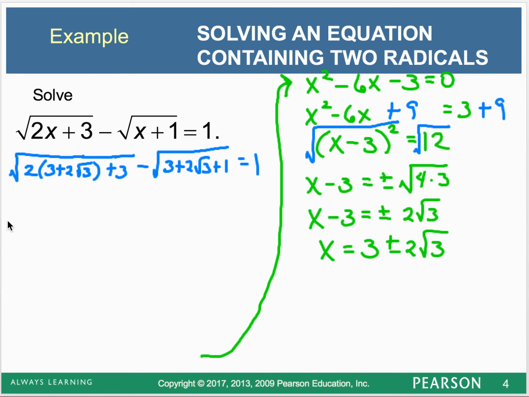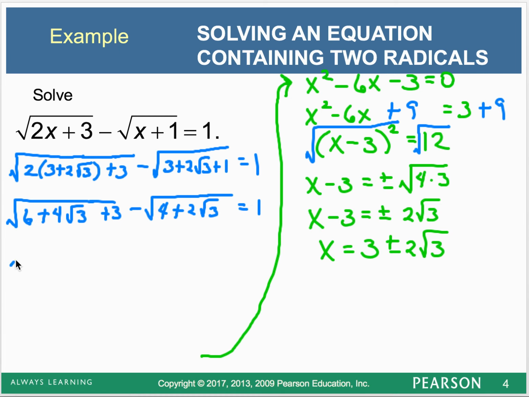So let's get rid of those parentheses. So we have 6 plus 4 square roots of 3 plus 3. Don't forget that that's all under that radical. Okay, minus 4 plus 2 square roots of 3 equals 1.